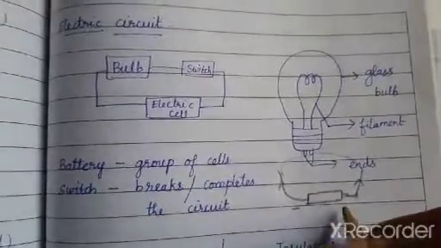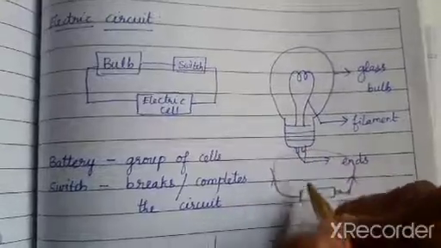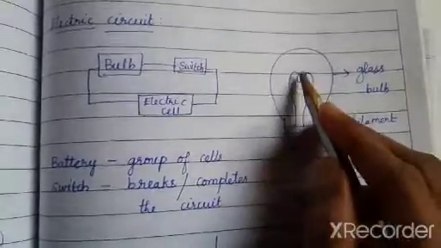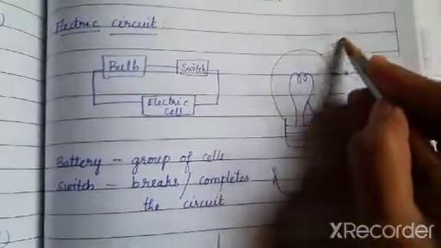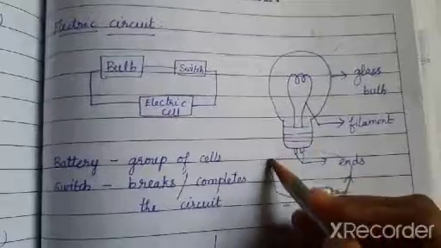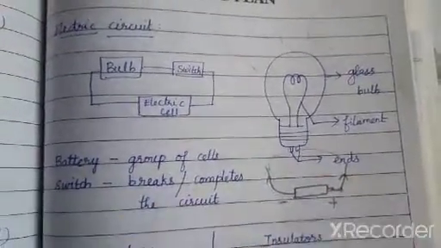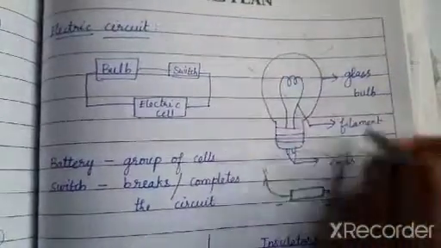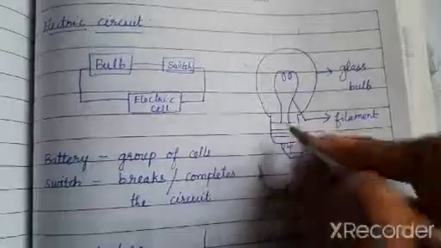So thereby, the current flowing from the positive terminal reaches the bulb and flows through the filament of the bulb so that the bulb starts to glow, and again the charges will flow through the negative end. Thereby it forms a complete circuit. The current continuously flows through the bulb.